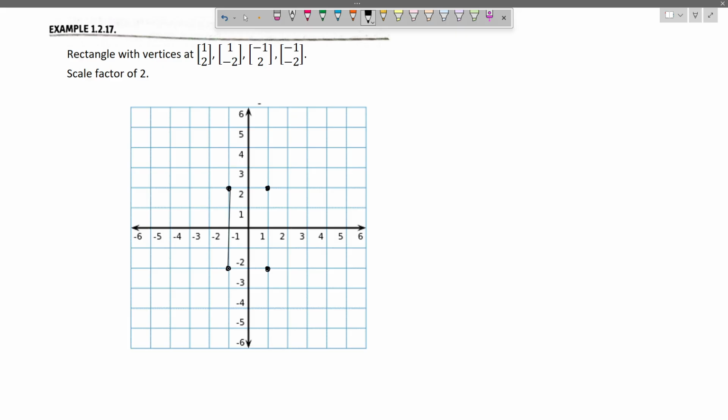So this is our original rectangle, and then we are going to enlarge it with a factor of 2. So if we do that, we are just going to multiply it by 2. So this is going to be 2, 4, 2, -4, -2, 4, -2, -4. So these are the points that we have now.